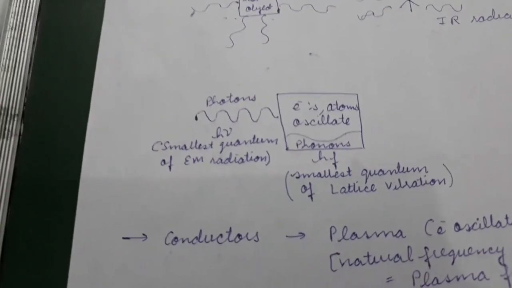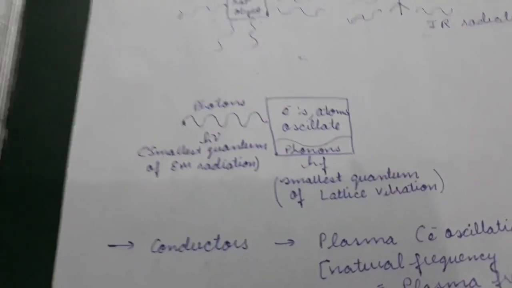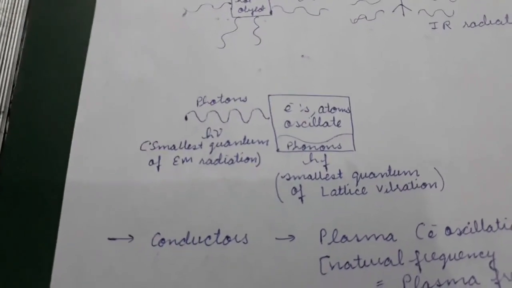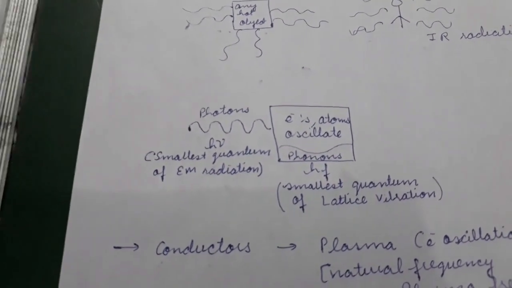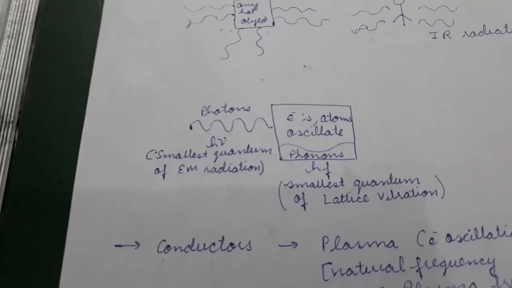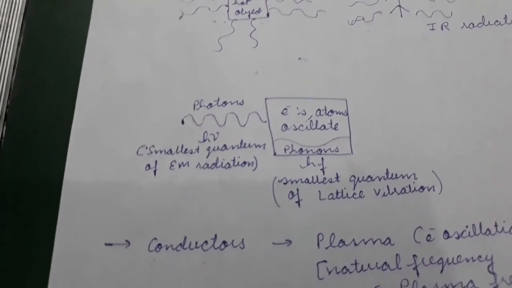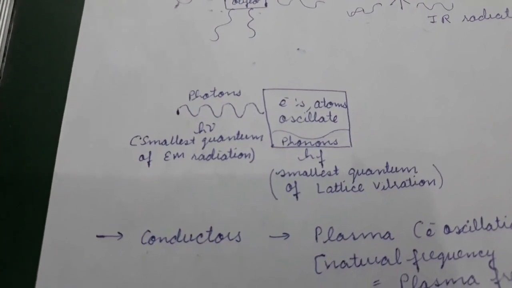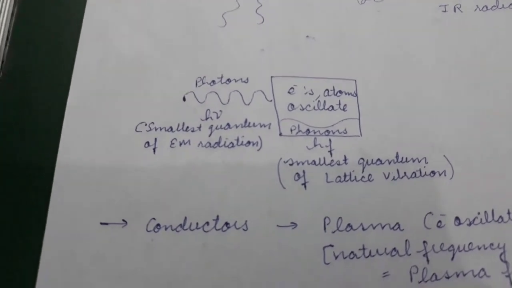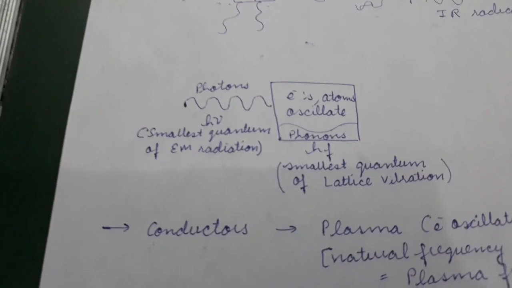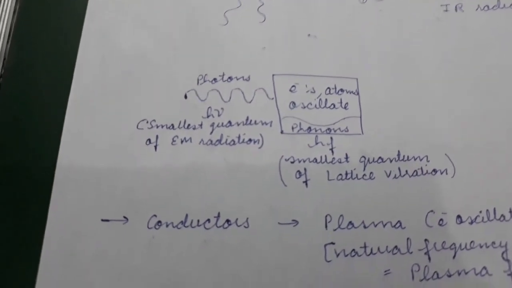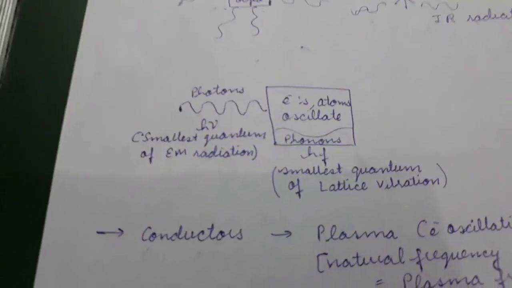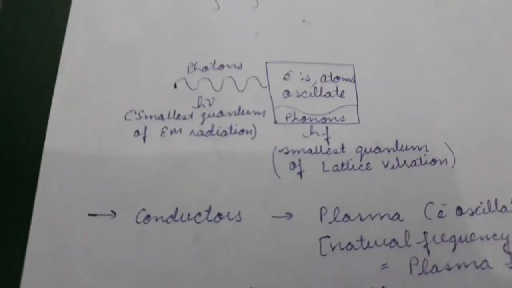If the frequency of the photons incident on the material is of the order of the natural frequency of the electrons, these electrons will oscillate with a very large amplitude. The waves of these oscillations are called plasma oscillations. Similarly, phonons are also oscillating, so we have phonon waves in a material too.